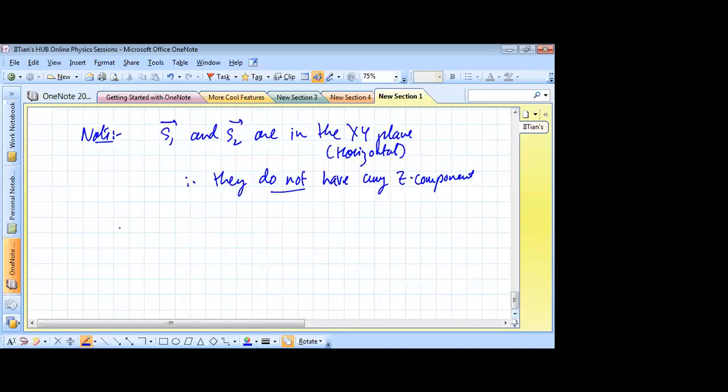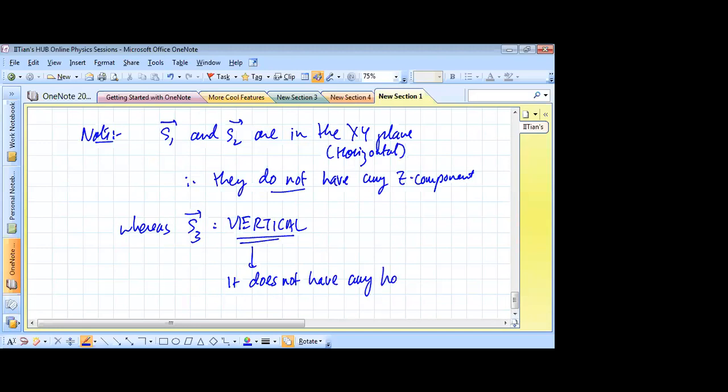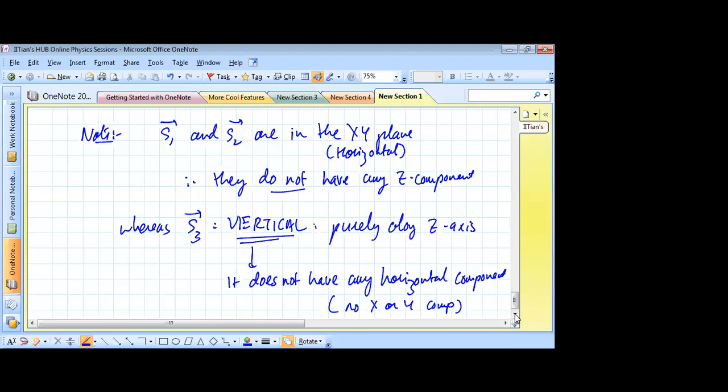Whereas the vector S3 is vertical. Okay. So therefore, it does not have any horizontal component. Okay. That is no x or y component. Okay. It is purely along the z-axis.